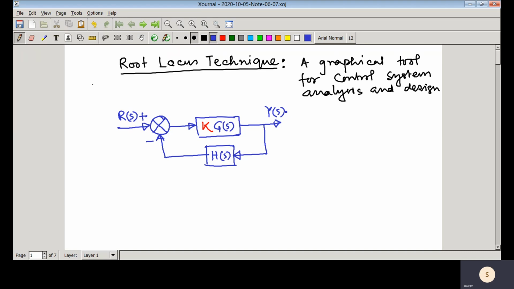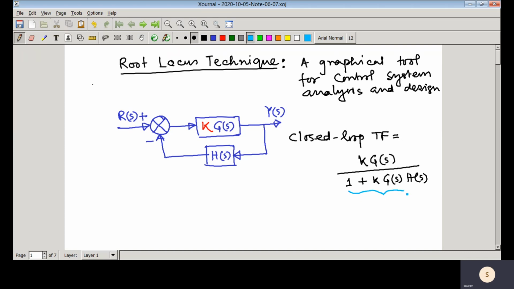So in this case, if we derive the closed loop transfer function, it would be K G(s) divided by 1 plus K G(s) H(s), and the characteristic equation is 1 plus K G(s) H(s).